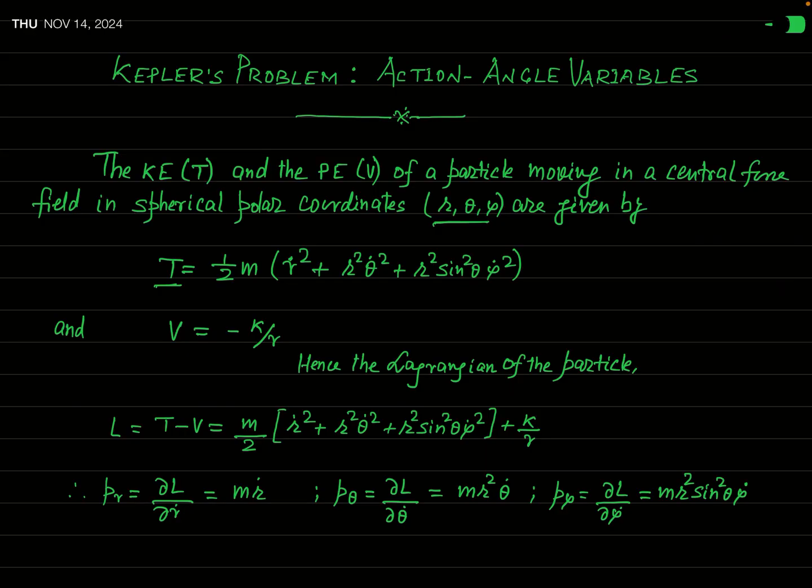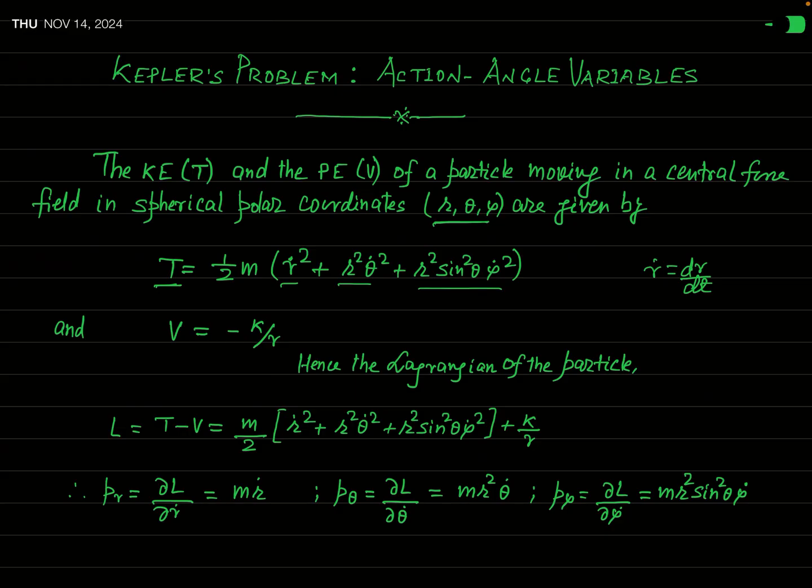So the expression for kinetic energy is given by T = (1/2)m (r dot square plus r square theta dot square plus r square sine square theta phi dot square). Here a dot symbol means time derivative. When you say r dot, that means dr by dt, and similarly theta dot means d theta by dt, phi dot means d phi by dt.